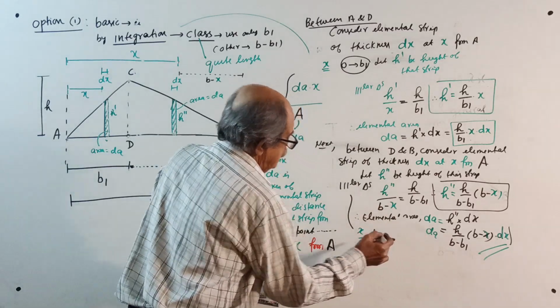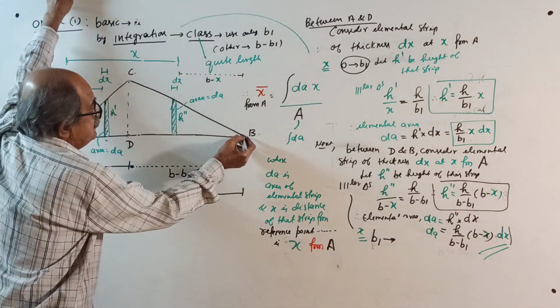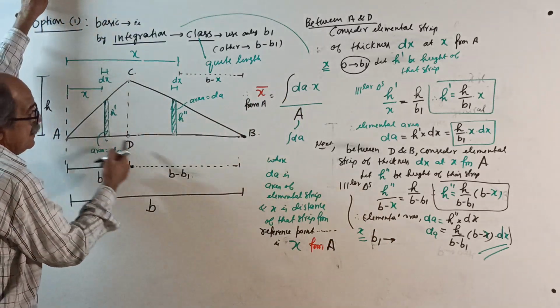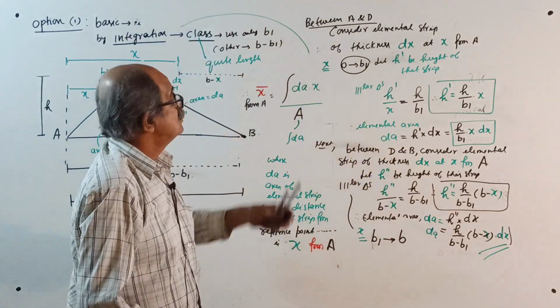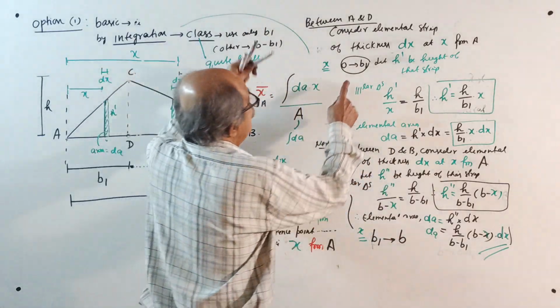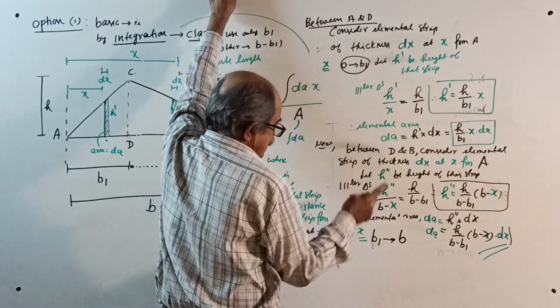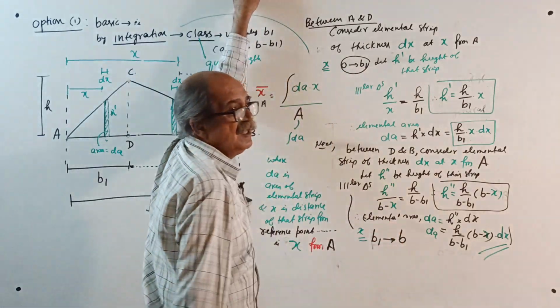B1 to the ending point, distance of B from A, that is full B. So for the first one, the limit is 0 to B1, and for the second, B1 to B.